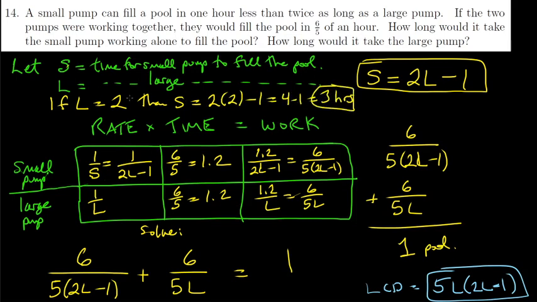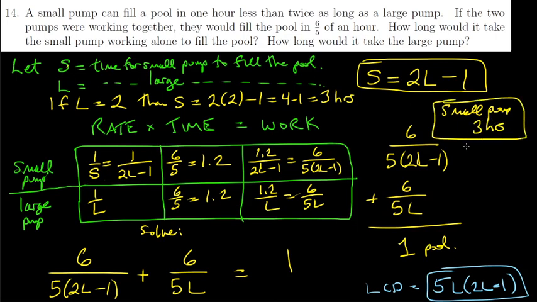It takes 3 hours for the small pump and 2 hours for the big pump, the large pump. Because it's a bigger pump, it works faster. It takes less time.